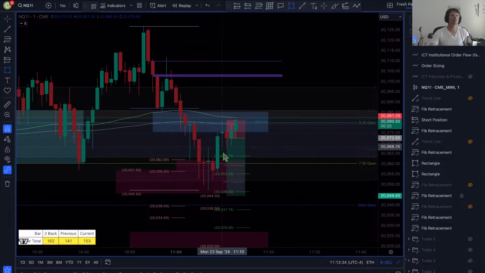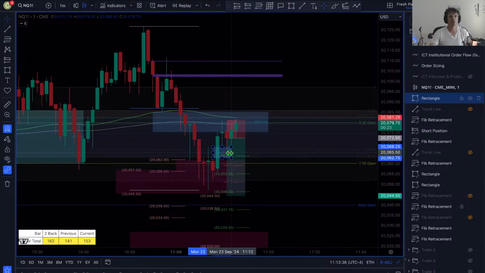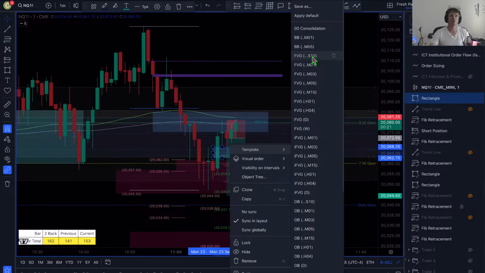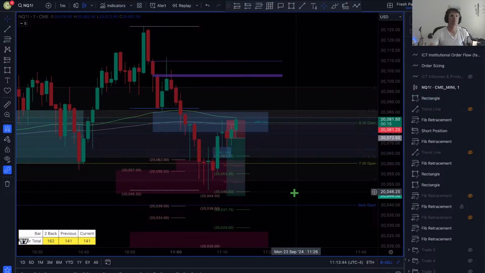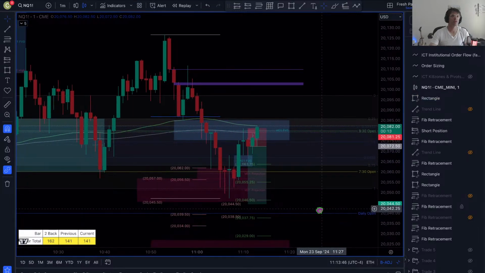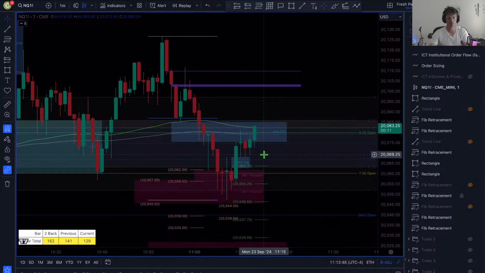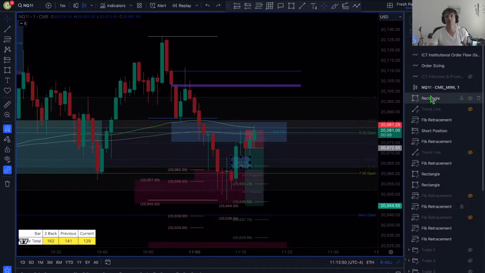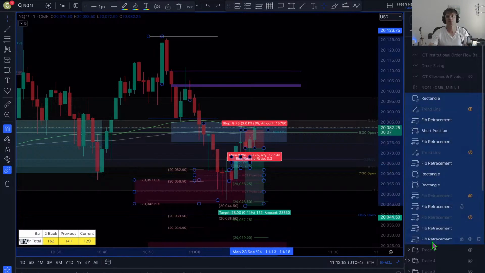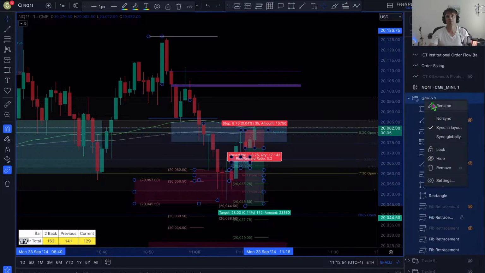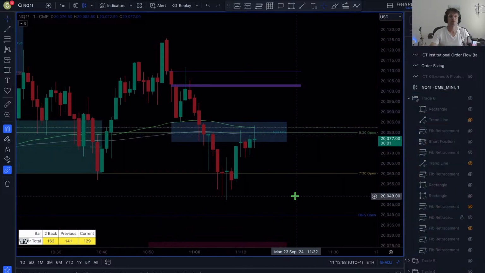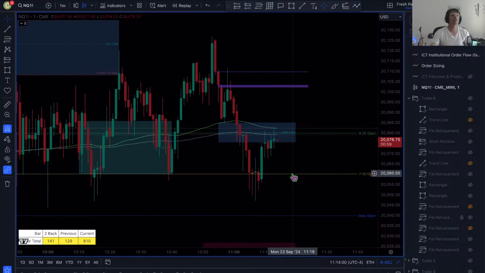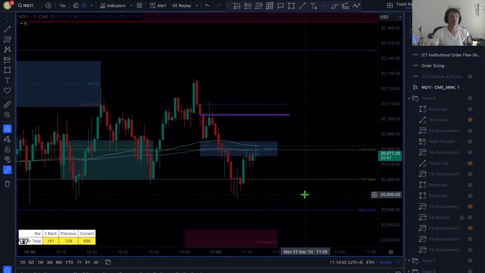I did have this fair value gap here. So it hit that fair value gap. You're getting your reversal PA on that one to the upside move. But that was also a liquidation in this downward impulse.